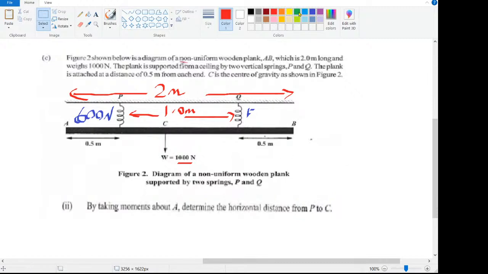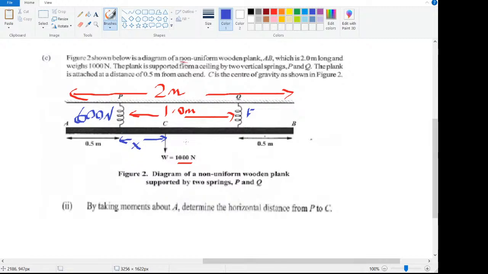Oh, P is this. Alright, so let me call this P here. Let me just call it X and N. Right?